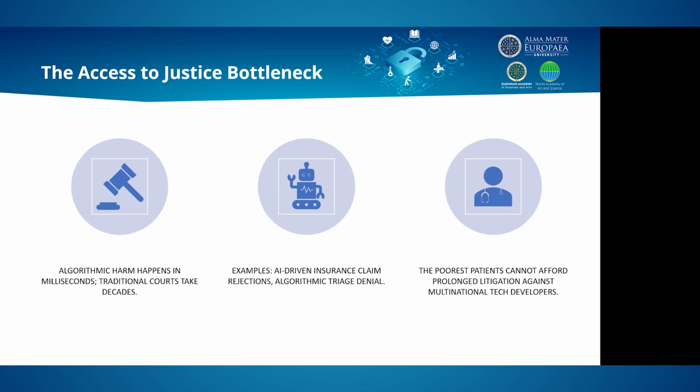I'm sure that's the case with many modern legal systems also. A rural patient cannot afford to fight a long five-year or more legal battle against a multinational AI developer. Our justice system is currently a massive bottleneck in the digital age. The speed of algorithmic harm has entirely outpaced the speed of justice.